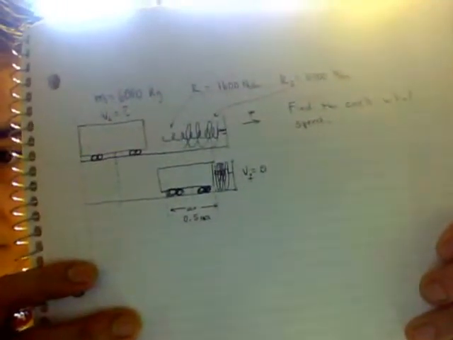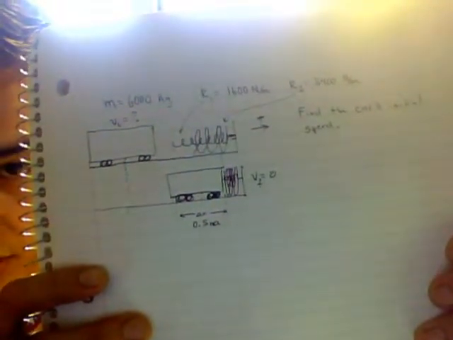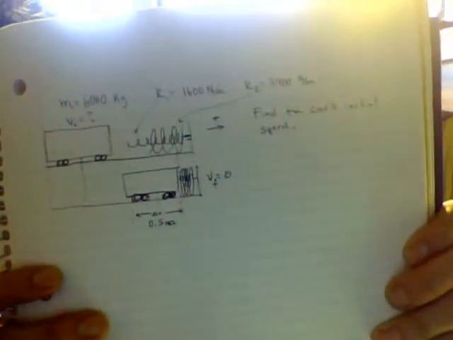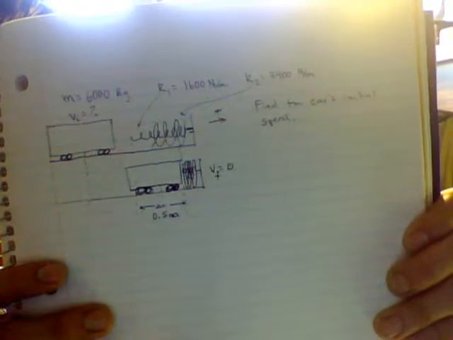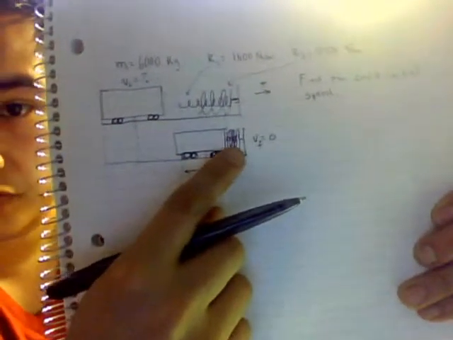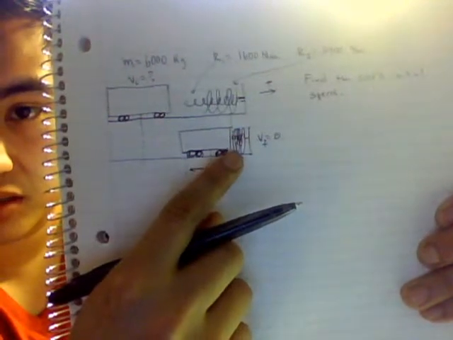Alright, so let's get started. When it reaches its final velocity, which is 0, you want to find out what are the forces acting on it. Right now, the two forces acting on it are going to be the two springs.